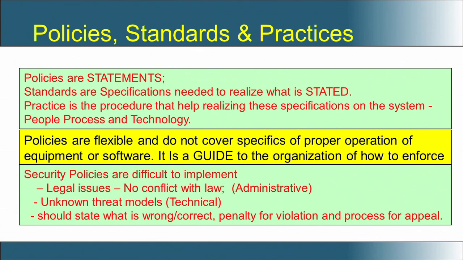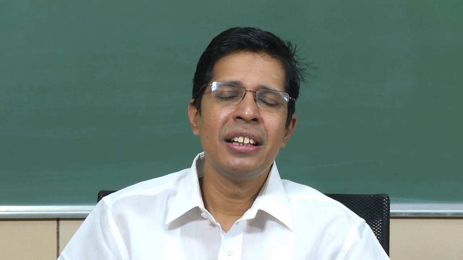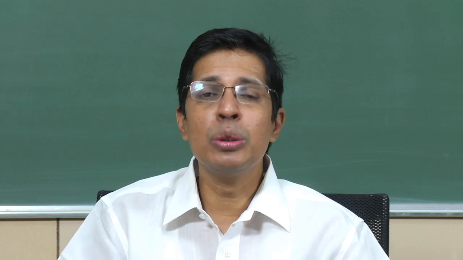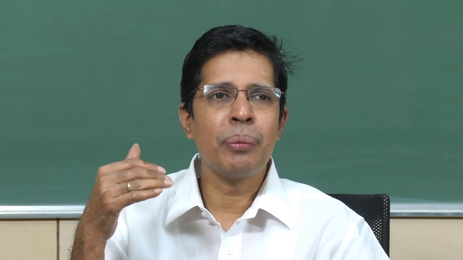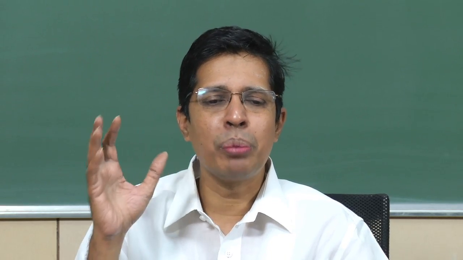Then it means that the fellow who is arriving at the standard and the fellow who is actually realizing it in practice, we lose all the flexibility. He can't do any cost benefit analysis. So, in essence the policy should be a very broad guideline and it should be flexible, it should just be a guide to the organization.